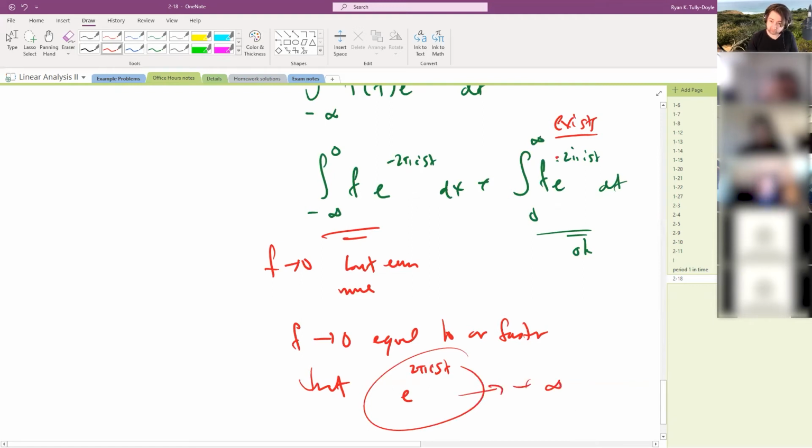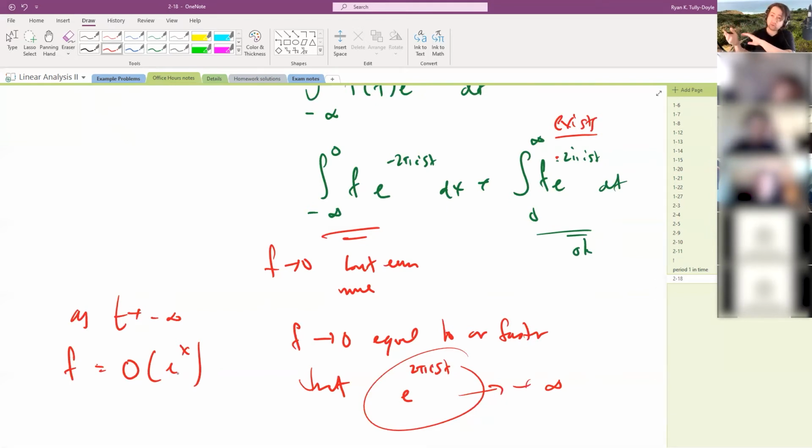There are faster ways to say this, but as t goes to minus infinity, you would say something like f is O of e to the x. If you've seen big O notation before, what you're saying is that f is comparable in behavior to the exponential as you charge off to minus infinity.